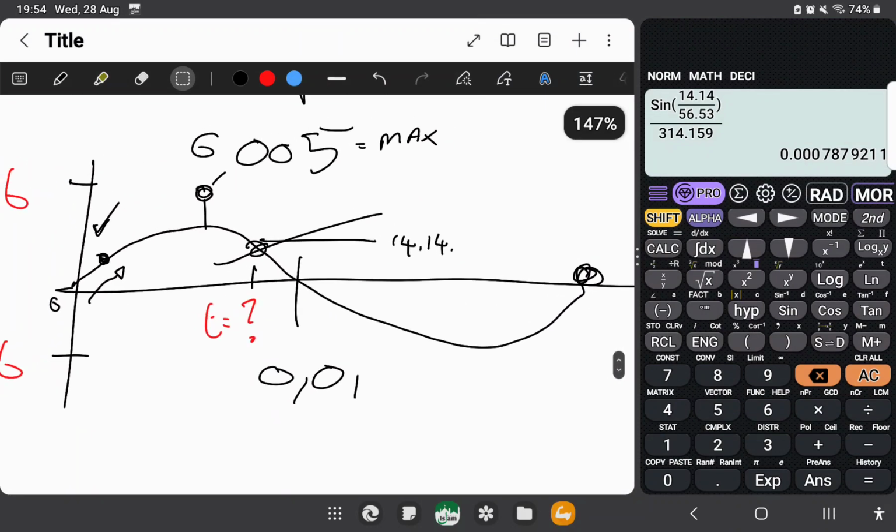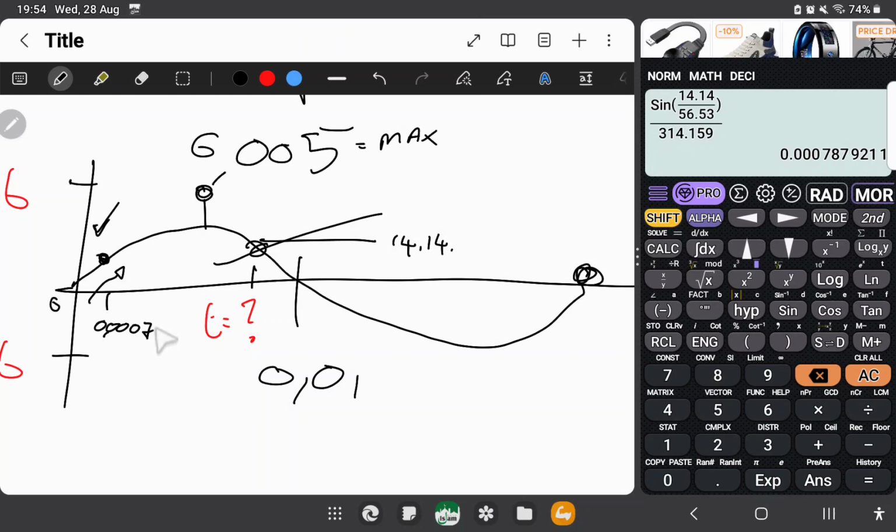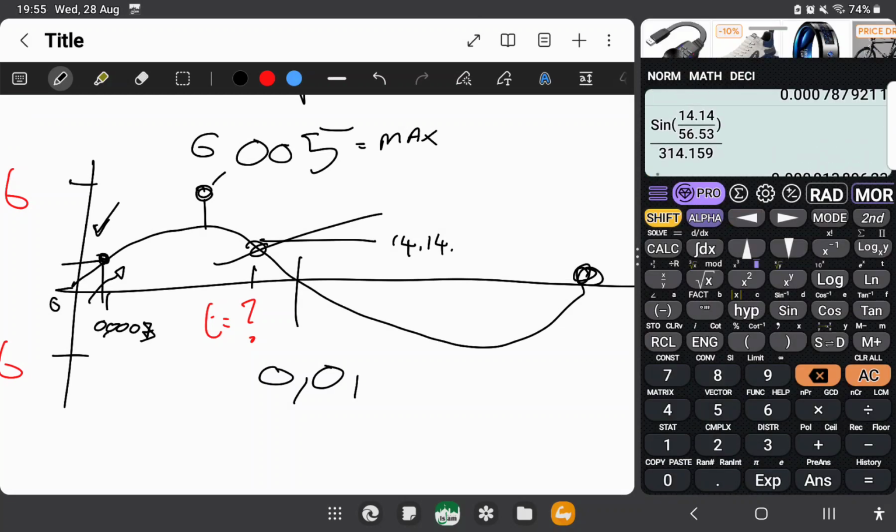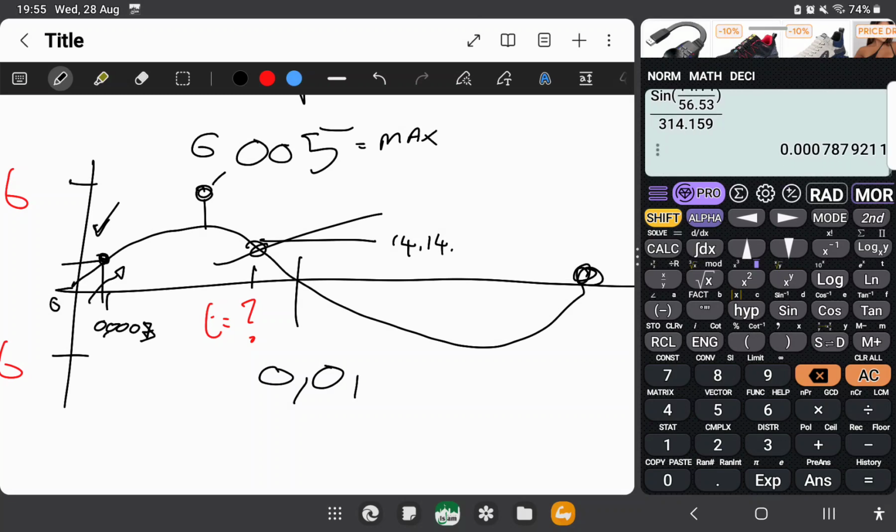So now when we look at it, we have a time here of 0.0007008, right? And you can see that our answer makes sense. Whereas if we had it in degrees, we have 0.0000013, which does not make sense, right? So you have to keep your calculator in radians. Keep it in radians, guys.